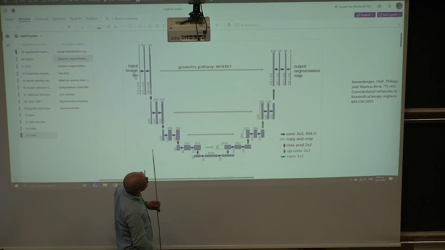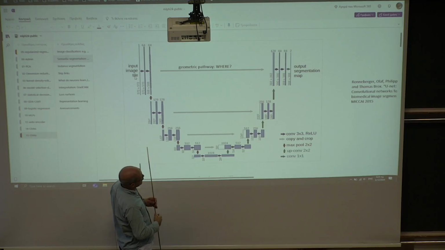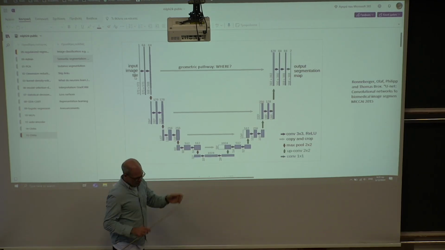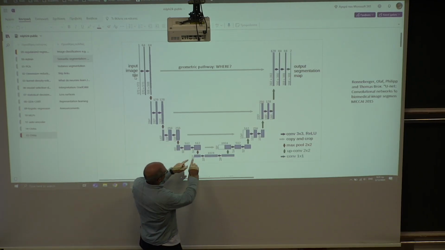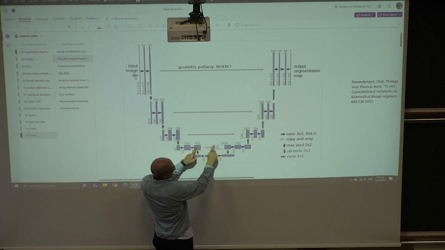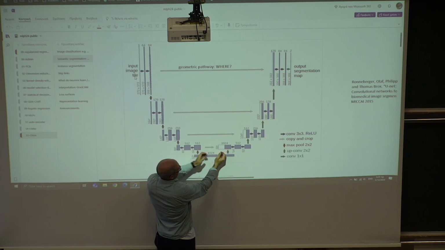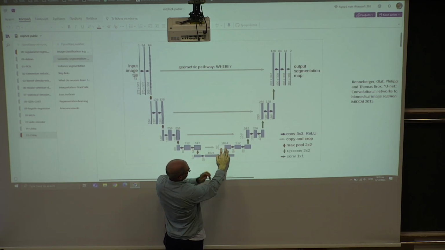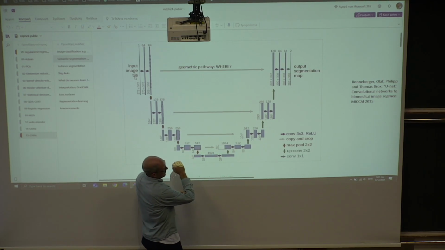Now, in the original formulation of the architecture, what happens is that this is a standard convolutional layer. This is an upsampling, and the two have been concatenated. This is why there's this wide blue pattern here.